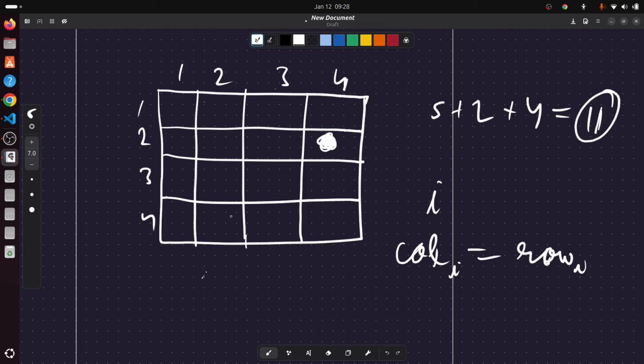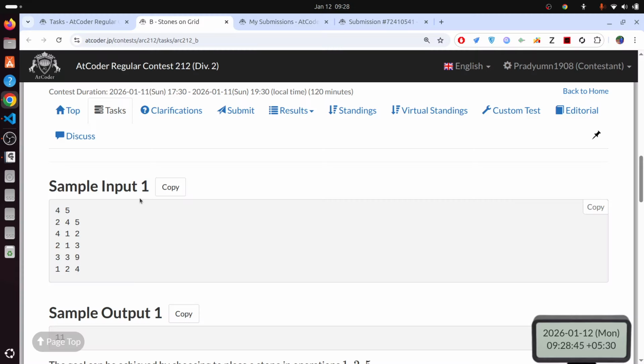So I'll need to add a few more stones in order to fix that. Now how do I add more stones? You can think about this problem as selecting a few stones, but in such a way that the first number... let's say this is the input.